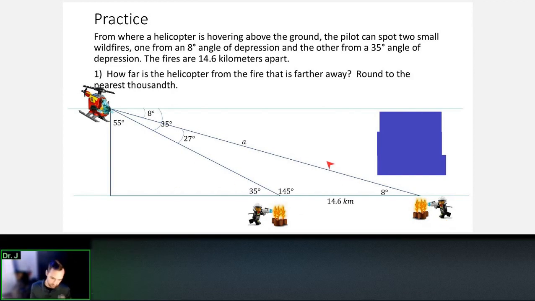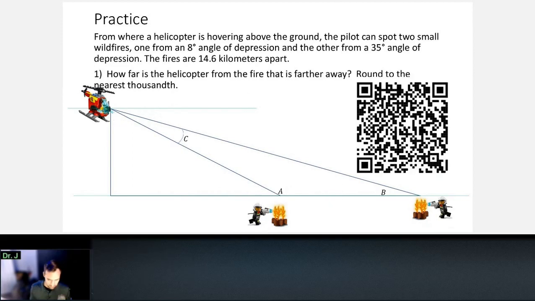Let me show the QR code again for those of you who like doing it that way. That QR code should also work just the same. We're only doing A right now. The other sides are for questions 2 and 3. We're only doing question 1 right now.